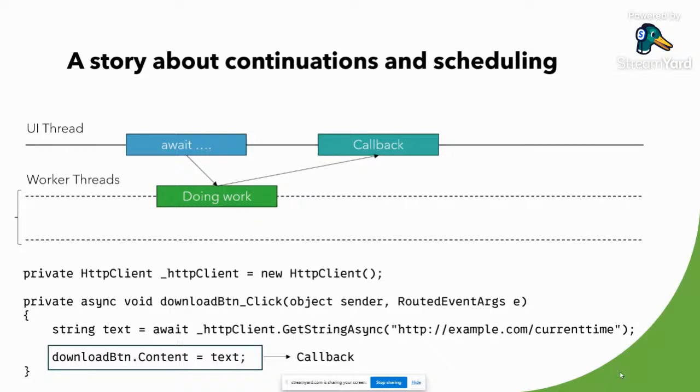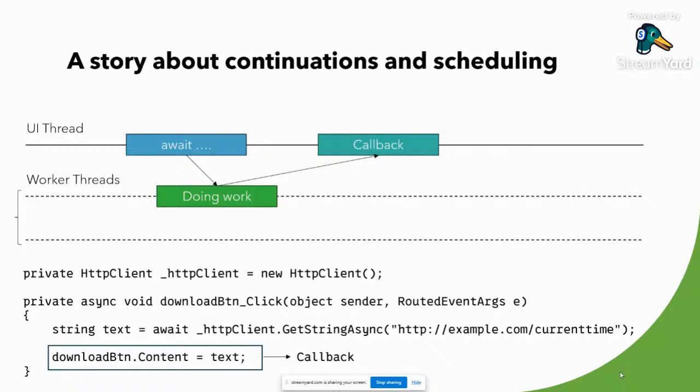Anything else? If you have, for example, private async Task, whatever, and you only have this line of code, only the await, then it's a performance optimization to leave out the async and the await keywords. You just return the task. So you have private Task, no async, and you just return the call's task.